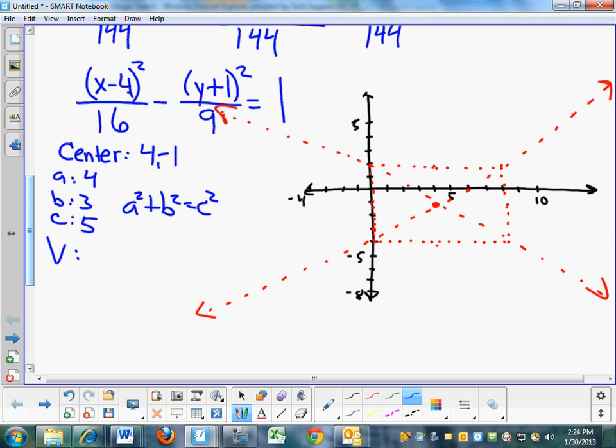Sides. So I go to the sides of the box and I put my vertices. Can somebody tell me the coordinates of my vertices? 8, -1, and 0, -1. Yep. Do I now have enough information to draw it? Yep.